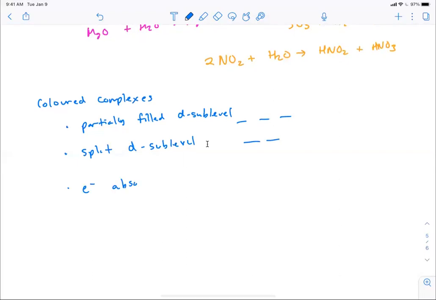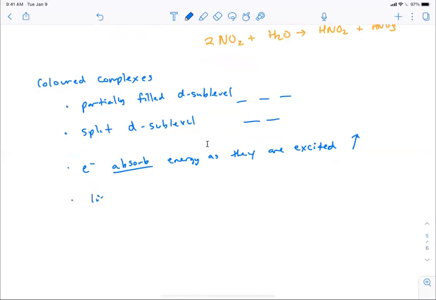Electrons absorb energy as they are excited. So they absorb energy to jump up. And then the light not absorbed is reflected as a color, a complementary color.